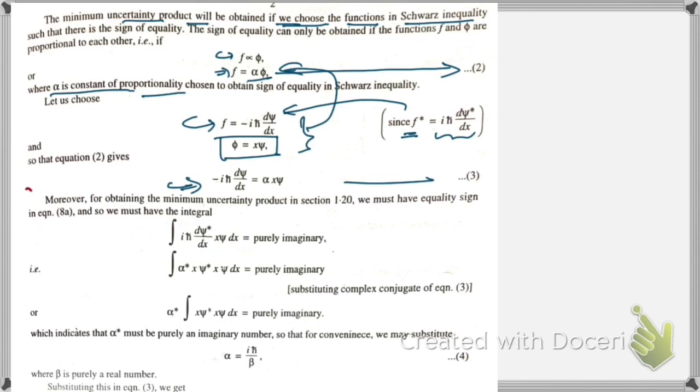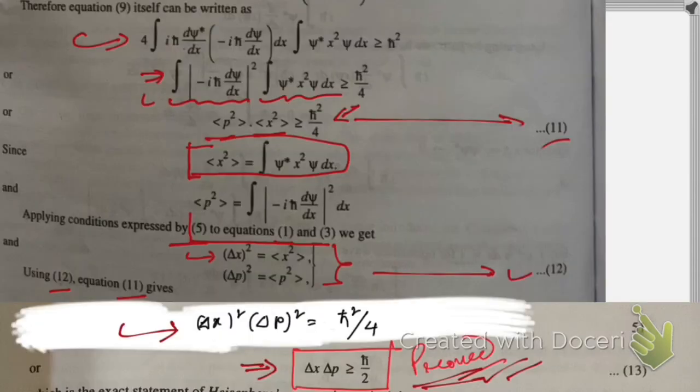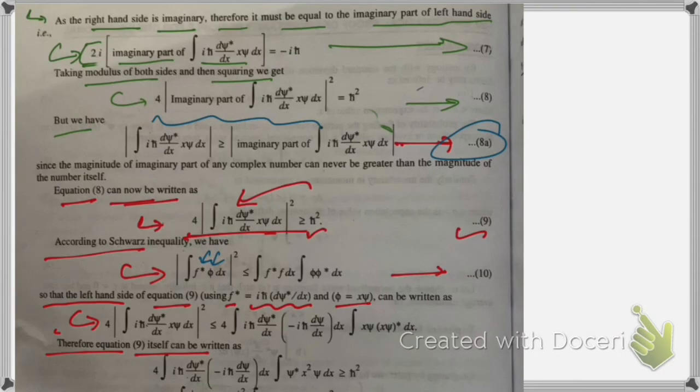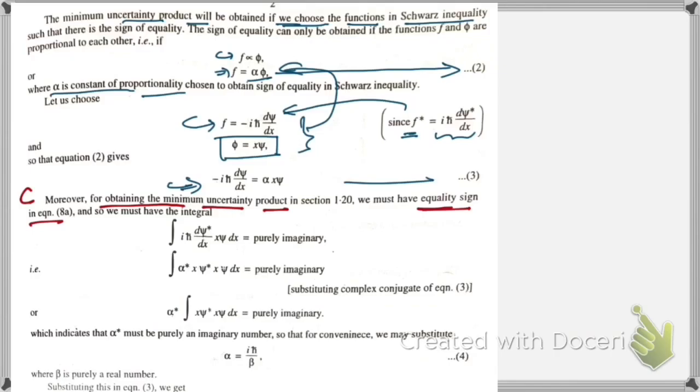Now you see, for obtaining minimum uncertainty product, we must have equality sign in equation number 8a. Let's go back to 8a. So here we must have equal sign for the minimum uncertainty. So that's why if there is the case, then this should be purely imaginary, right? It must be purely imaginary.